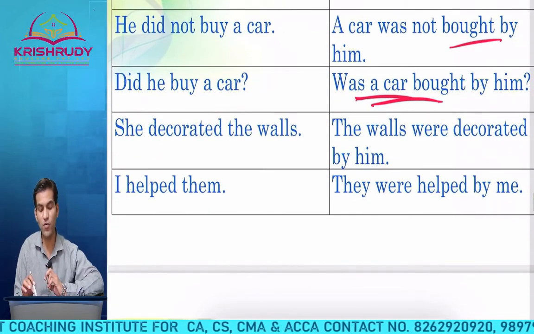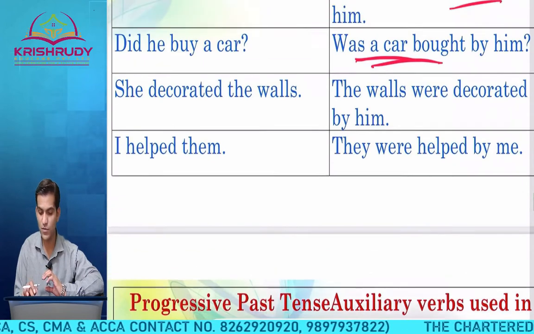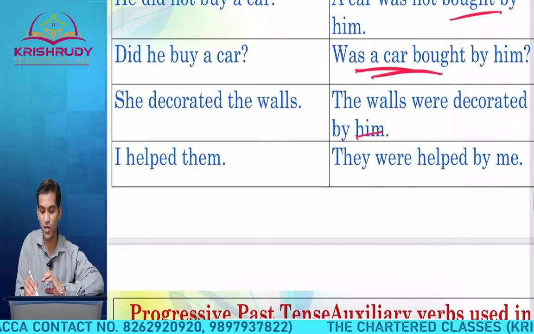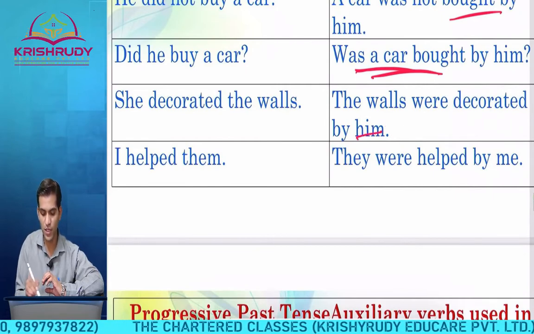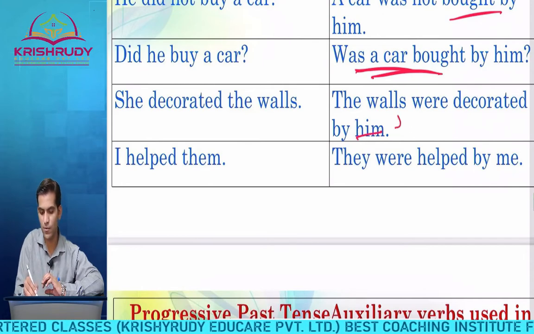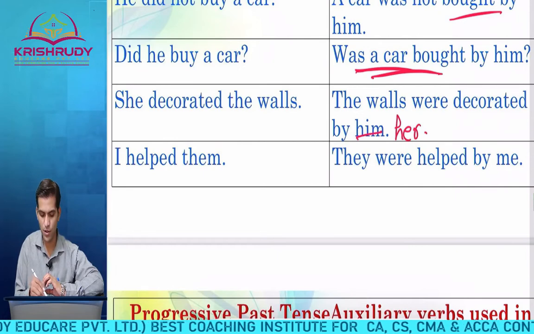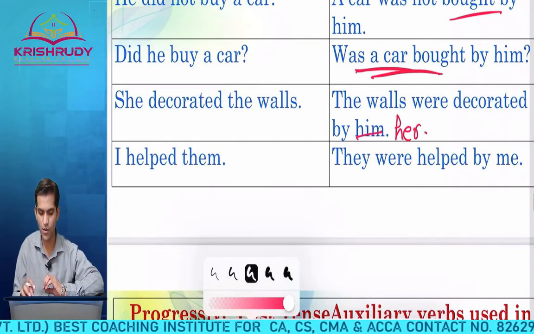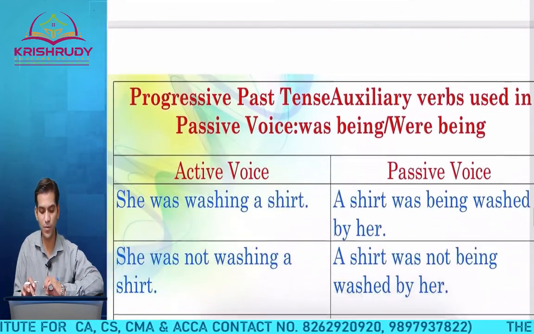She decorated the walls; the walls were decorated by her. Sorry, it should be her here. I helped them; they were helped by me.